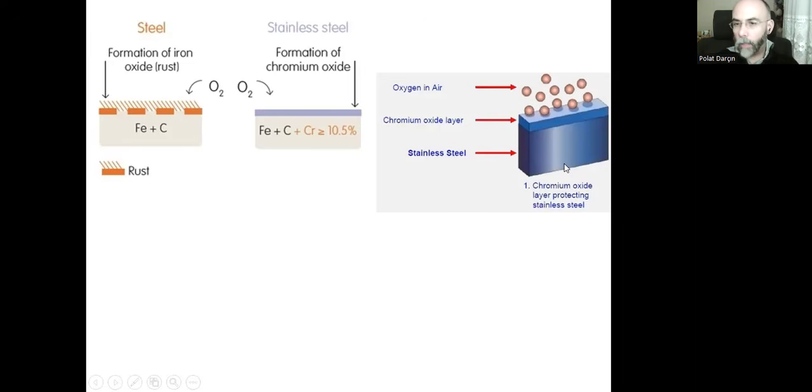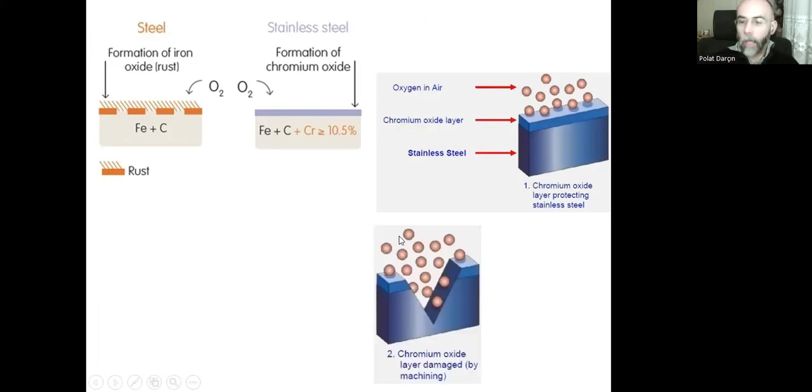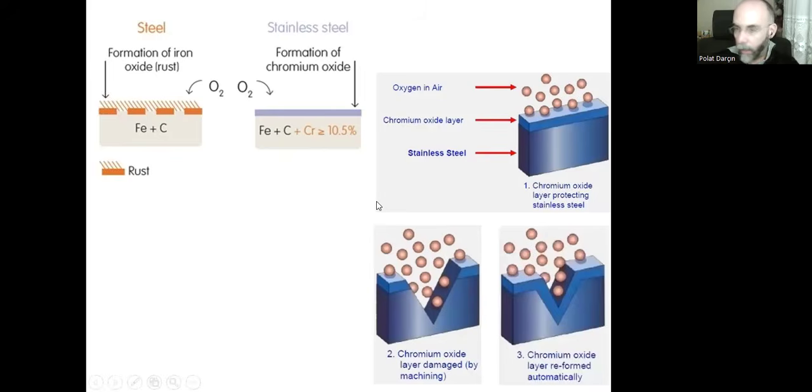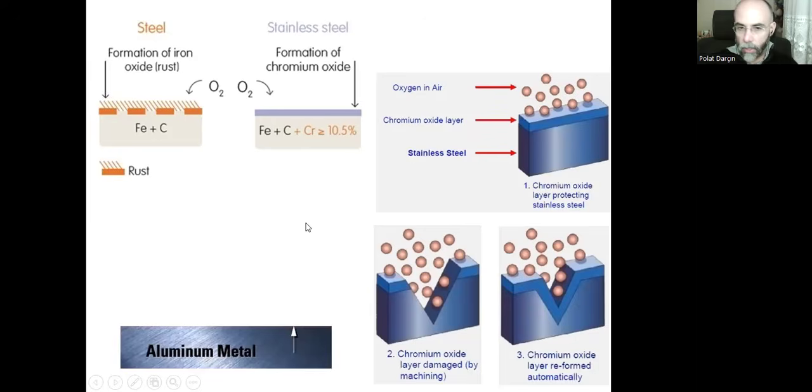It prevents the molecules of iron from being connected with the molecules of oxygen. So there is no risk. Even if we cut it, we disturb the passive protective layer, instantly the oxygen and chromium will react and recreate the layer. That's why we don't get any rust or corrosion in stainless steel.